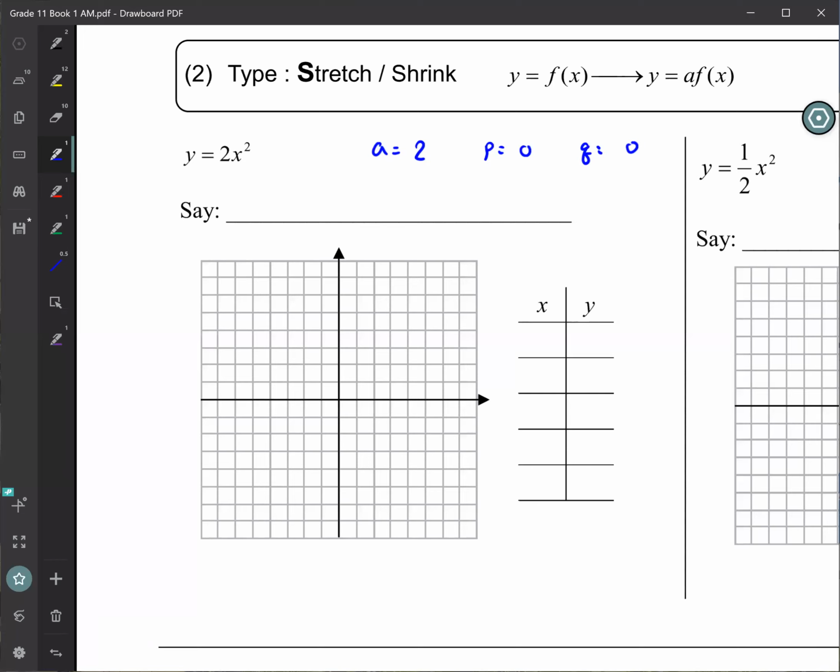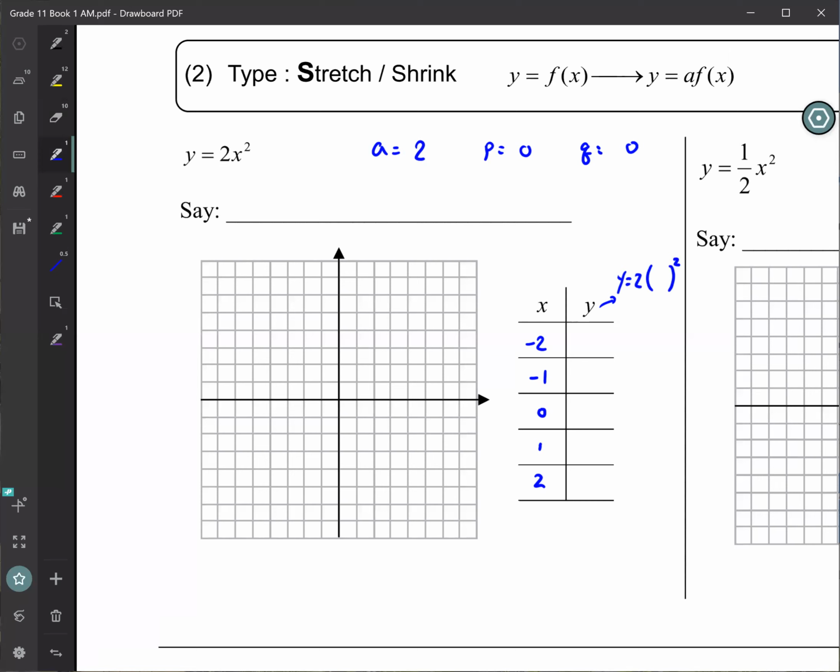We'll use the same x values to find the graph. This time the y, you need to find by multiplying by 2. So y will equal 2 times something squared.